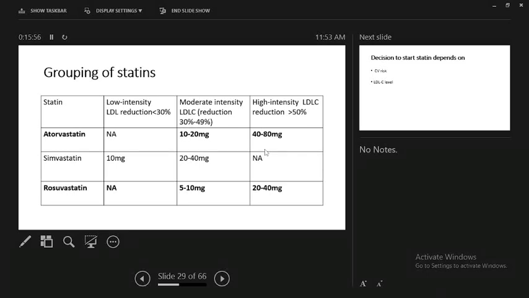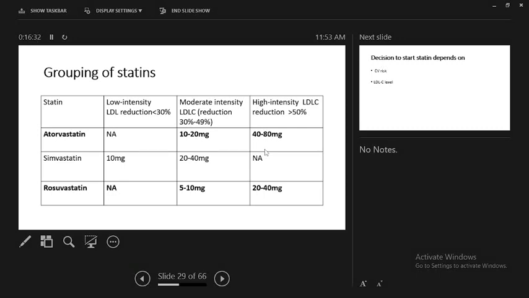Three statins are displayed here, and remember that we are mainly concentrating on the management of dyslipidemia, with moderate to high intensity statins. The only two drugs that we use nowadays are atorvastatin and rosuvastatin as the high intensity part, because they can reduce the LDL by more than 50% from baseline.